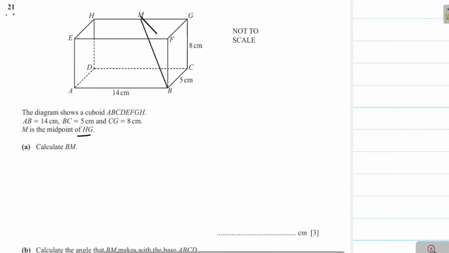points M to F. You see here, when we join M to F, we get a right angle triangle MFB. In this right angle triangle, the hypotenuse BM square will be equal to perpendicular square plus base square.